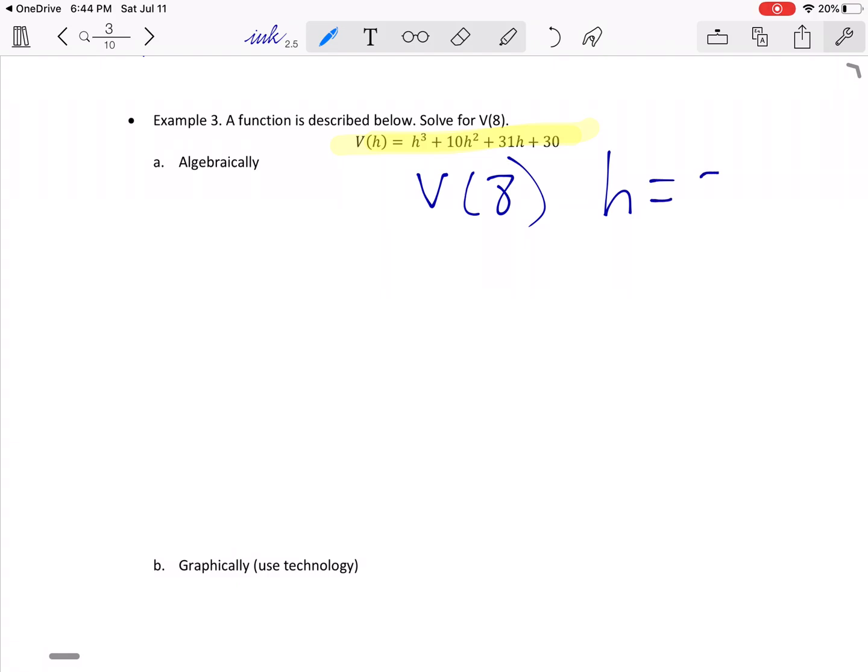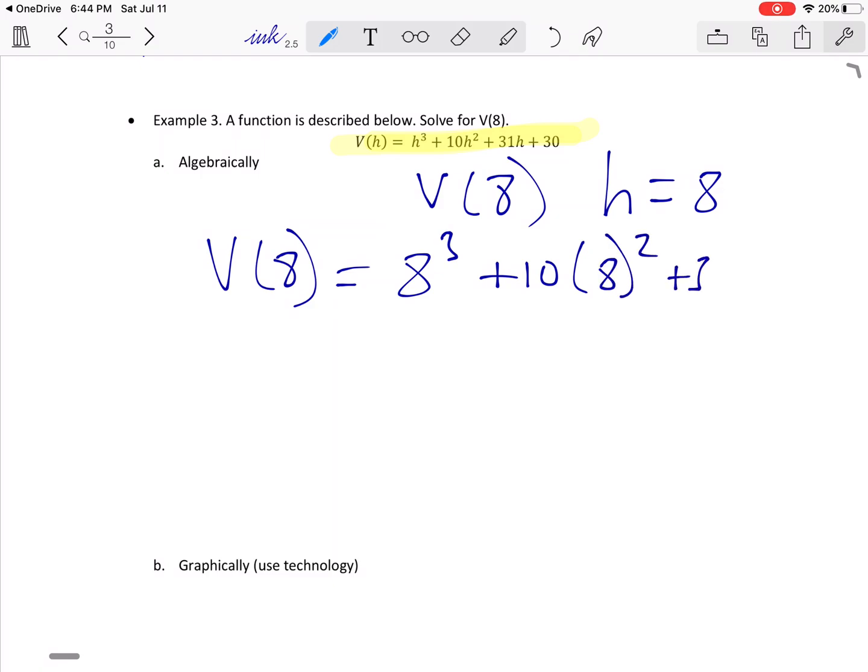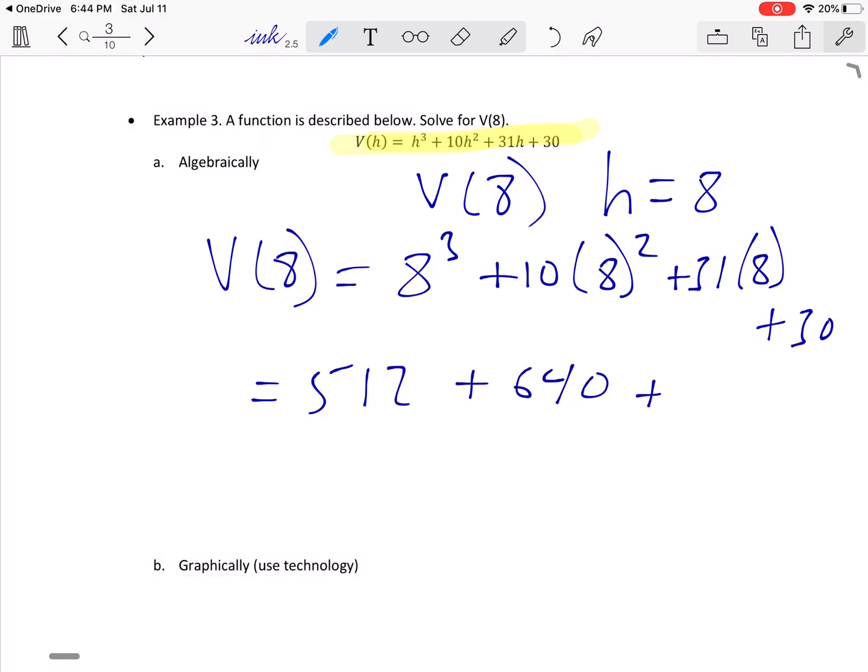So h equals 8 in this case, right? So you put h equals 8. So you've got 8 cubed plus 10 times 8 squared plus 31 times 8 plus 30. Okay, so you work that out, and that gives you 1430 as your answer.